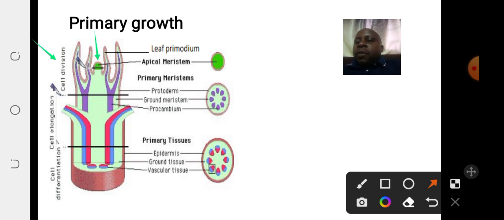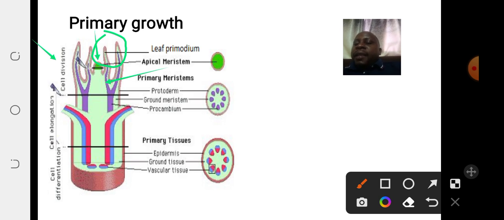So the characteristic here is that the cells in this particular region divide by mitosis. Then the apical meristems give rise to what we call the leaf primordium. This one here is the leaf primordium. The leaf primordium is important. Why? Because it forms a bud which protects the delicate meristems.